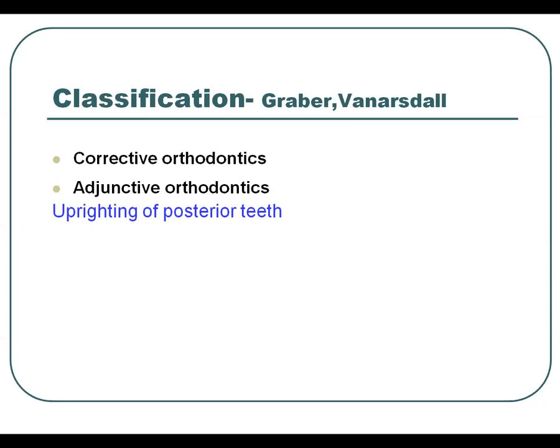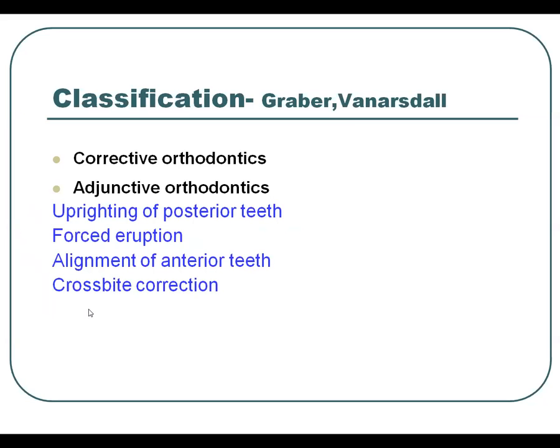Orthodontic treatment will be given to help in the placement of the prosthesis, especially uprighting of posterior teeth, or intruded teeth can be erupted, forced eruption of any anterior or posterior teeth, alignment of the anterior teeth, crossbite correction. These come under adjunctive orthodontics. Orthognathic surgery is a surgical procedure done after the orthodontic treatment.